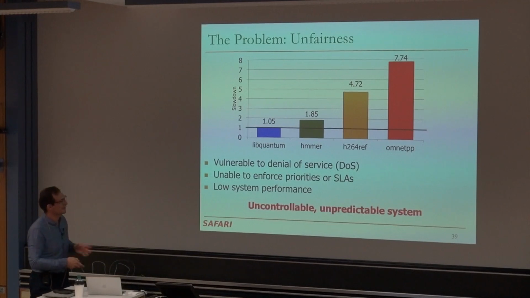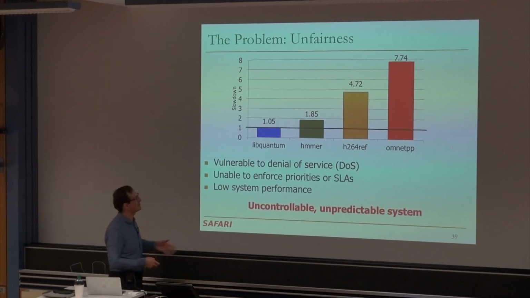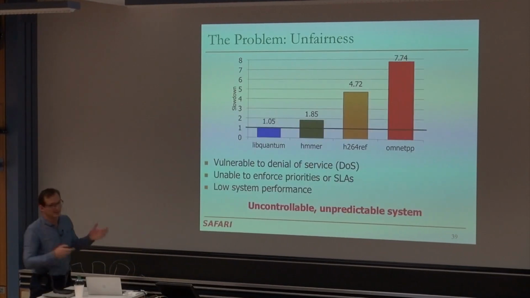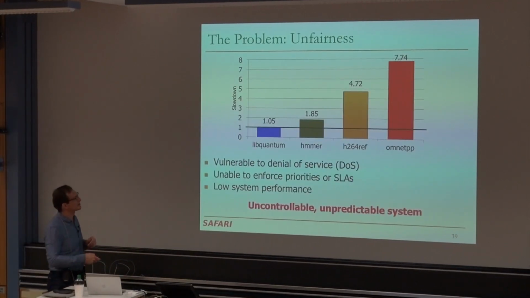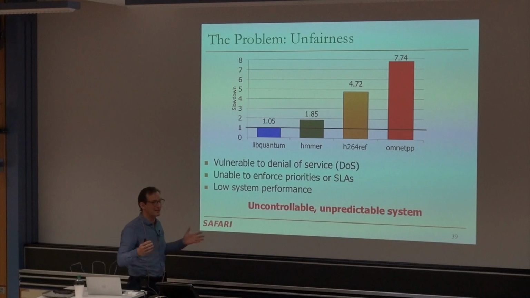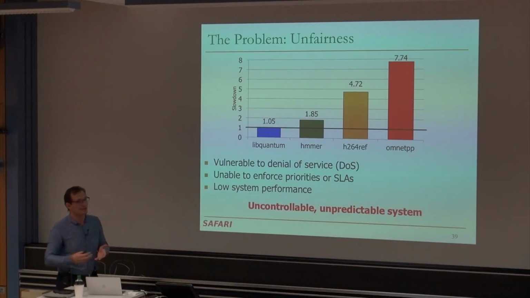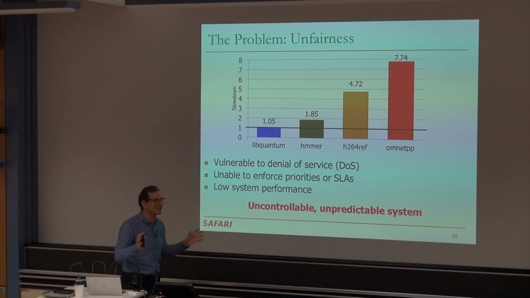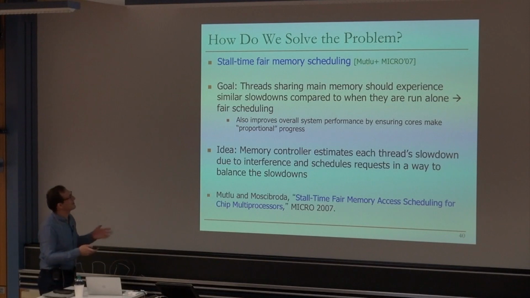And you realize there's an uncontrollability problem, and you want to solve it by making the memory system more fair. The question is, what is fair? Well, one definition of fairness could be, okay, wouldn't it be nice if actually everybody slowed down by the same amount, right? Which is not a bad definition, actually, because that enables proportional slowdown for everyone, so no one is left behind in a sense.